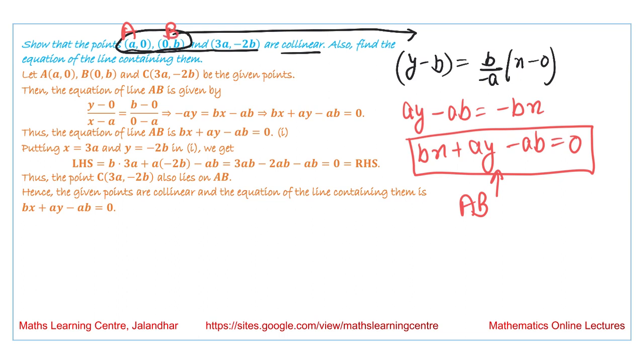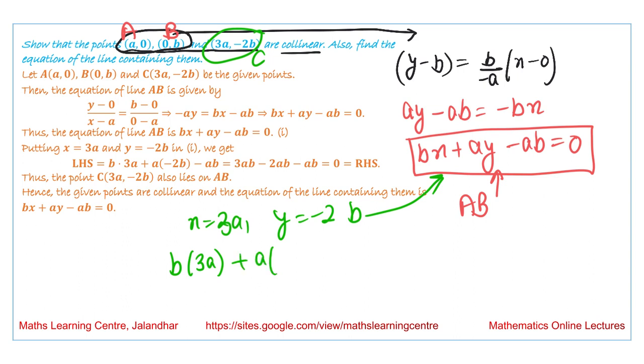These are the points A and B. Now we have to check whether this third point C lies on this line or not. So we are substituting x is equal to 3a and y is equal to minus 2b in this equation. We will see it is b into 3a plus a into minus 2b minus ab. This is LHS, and this is equal to 0, that is equal to RHS.